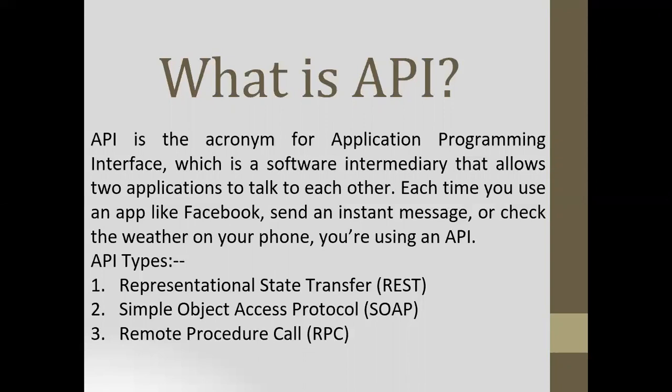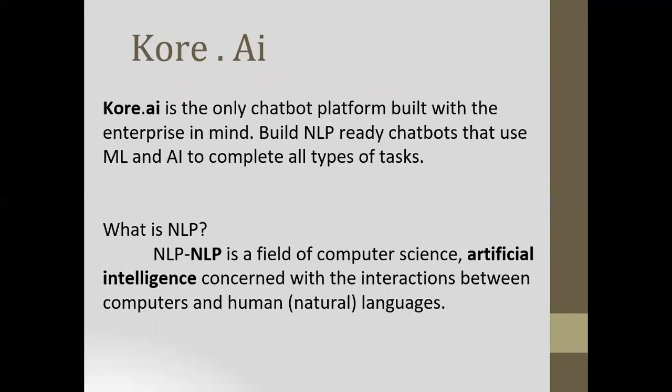There are many methods available, like get, post, put, pull, which we can use to get the data or insert it as well. For API types, you can see REST, representational state transfer, SOAP, simple object access protocol, and RPC, remote procedure call.